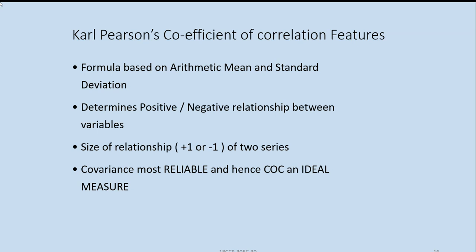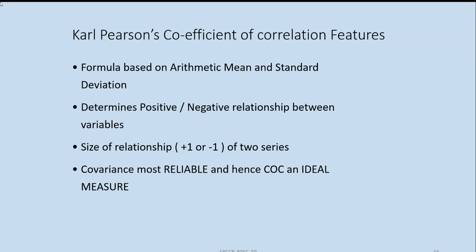So already you are well versed with the arithmetic mean. You have done so many problems in arithmetic mean, and you have also seen standard deviation in the last unit. We have already learnt about these two things, and they will be used in the calculation of correlation also.